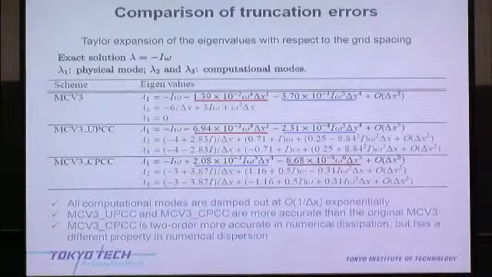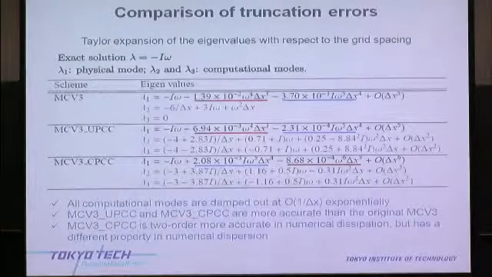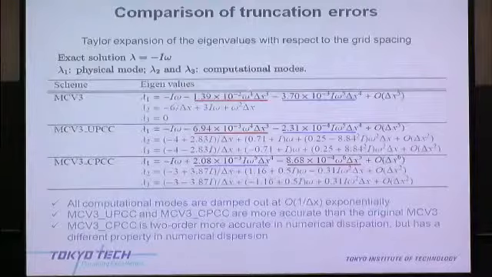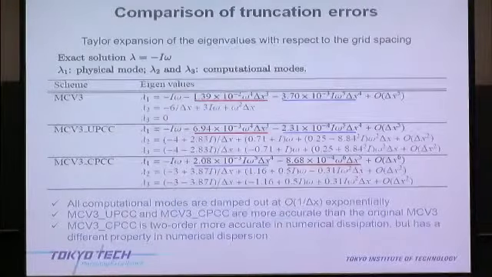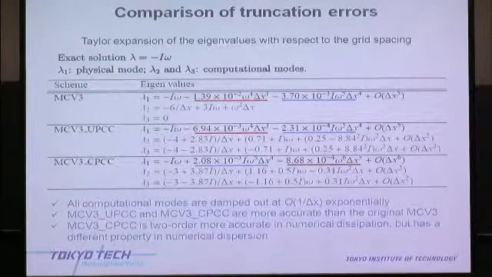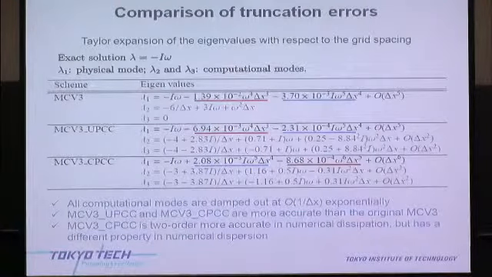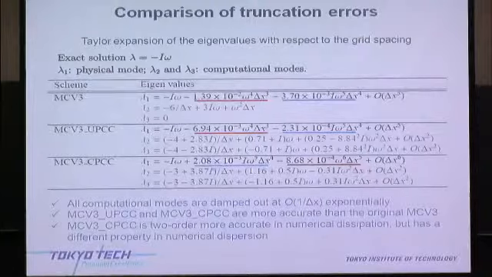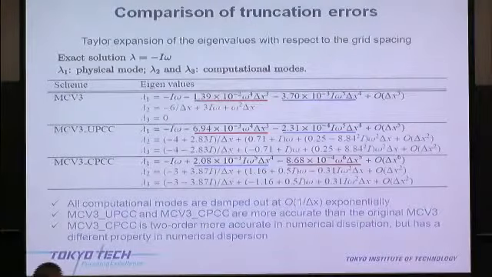That means in all of the schemes, the computational modes will be very quickly damped out, which will not affect the solution. So we have different orders, different errors for different schemes. But I don't think I have enough time to go into details about this analysis.